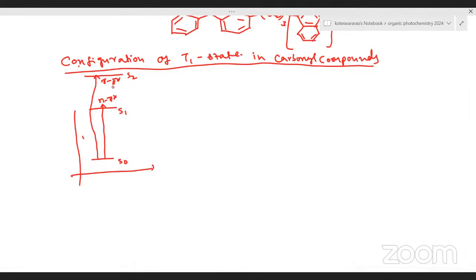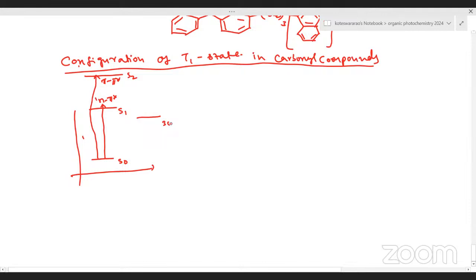Here there are several ways. Suppose this is the n to pi star state. Therefore, the triplet energy may be very near, the energy gap is very small. That is, this is the singlet n to pi star.